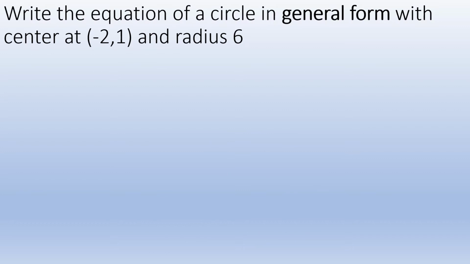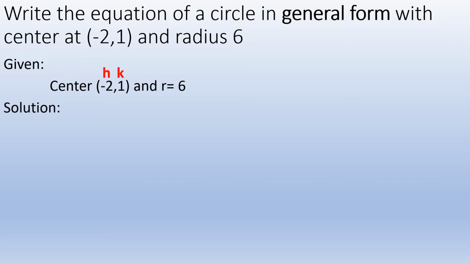Write the equation of the circle in general form with center at (negative 2, 1) and radius 6. So, given, the center is (negative 2, 1) and the radius is 6. So, ang h natin ay negative 2 and k is 1. The standard form of the equation of a circle is (x minus h) squared plus (y minus k) squared equals r squared.